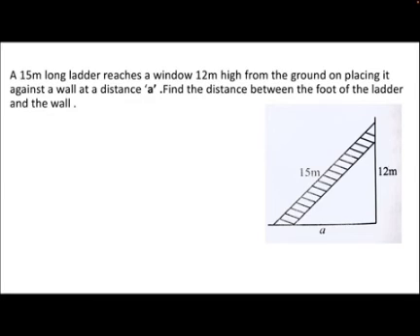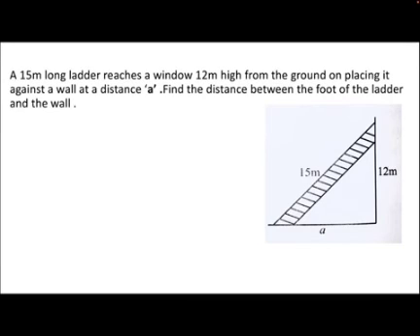Now find the distance between the foot of the ladder, that is this, and the wall. The angle between this wall and the floor is 90 degrees. You can imagine you are in your room, wherever you are sitting.